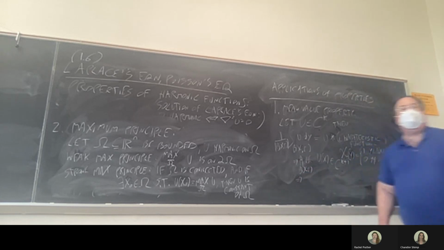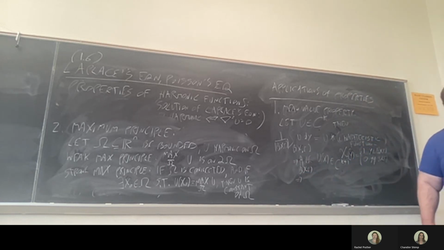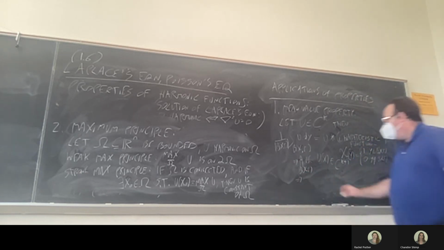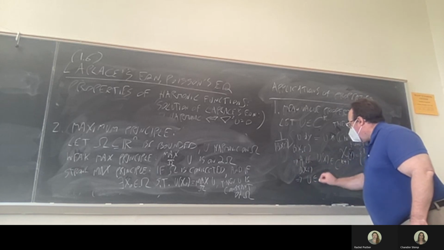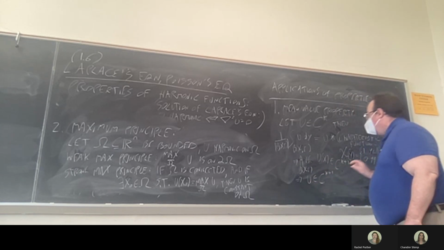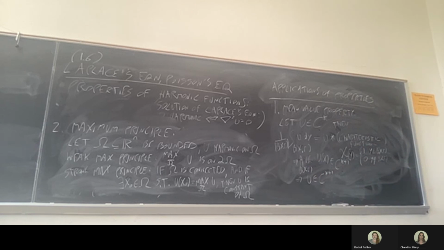Now, I can't do this in general, but because u is harmonic, I can now say that u itself is in C^(k+1). What allows me to say this? I know the average is in C^(k+1). Why can I jump from there to say that u itself is in C^(k+1)?